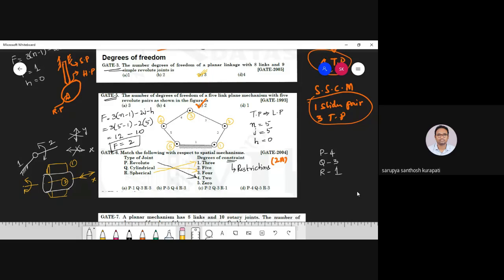Is there any option? 4, 3, 1. You don't have any option. So I think there might be some mistakes. Constraint is nothing but restrictions only.